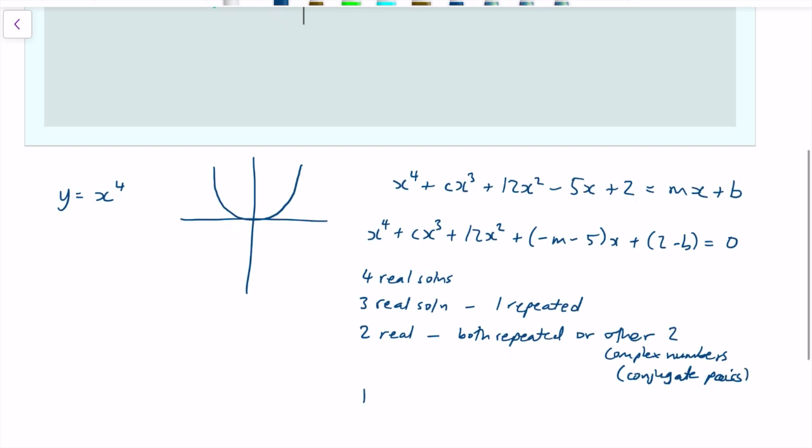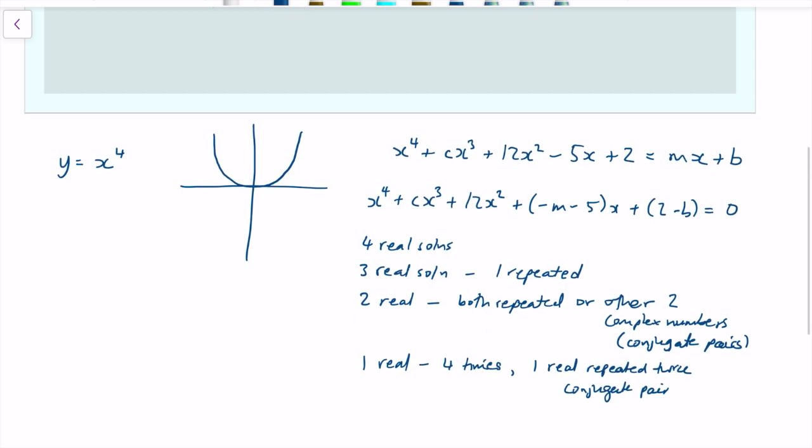You could have 1 real root repeated 4 times, or one real repeated twice and then a conjugate pair. And by the way, I'm loosely saying complex numbers here because real numbers are technically complex numbers with an imaginary part of 0.